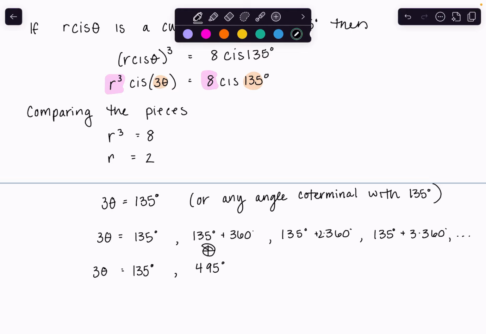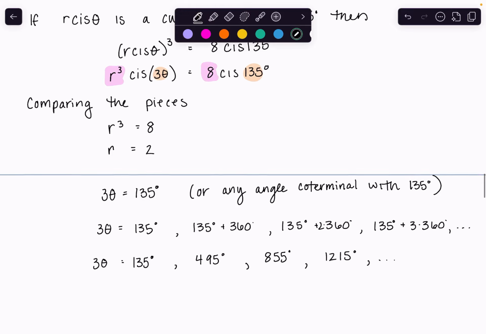If I go around twice, adding 720, that lands me at 855 degrees. And again, that means we went around once, we went around twice, and then we landed at the same spot. And then if I add 3 times 360, that lands me at 1,215. And again, I can keep going from there. All of those angles will still be coterminal with 135.